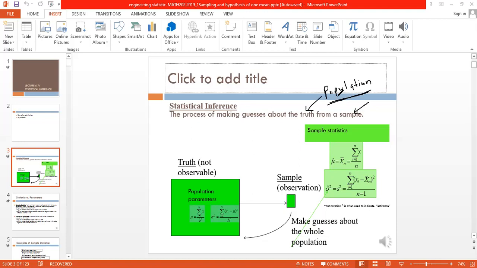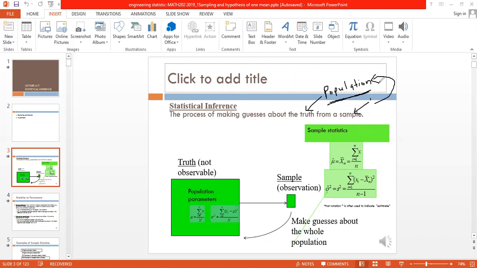It's not possible, due to time, resources and feasibility issues. So as scientists, we make use of samples, which are a section of the population, and based on the sample data we have, we make guesses regarding the population.